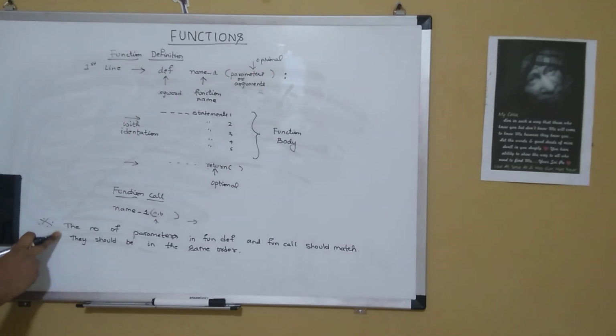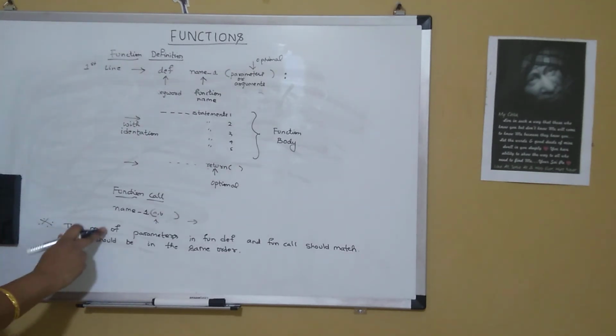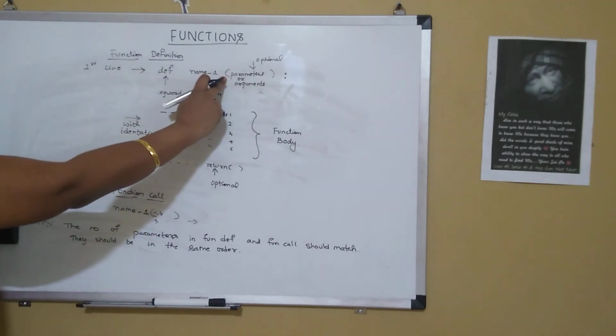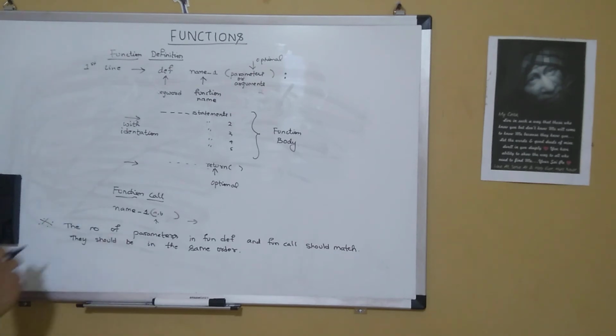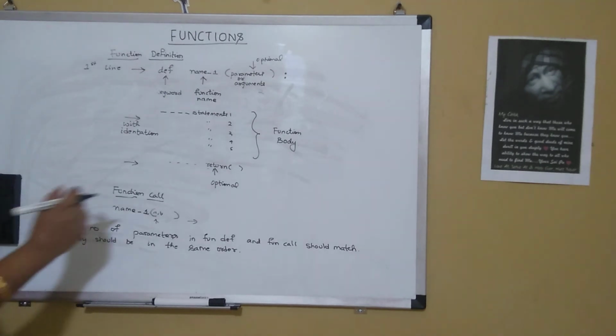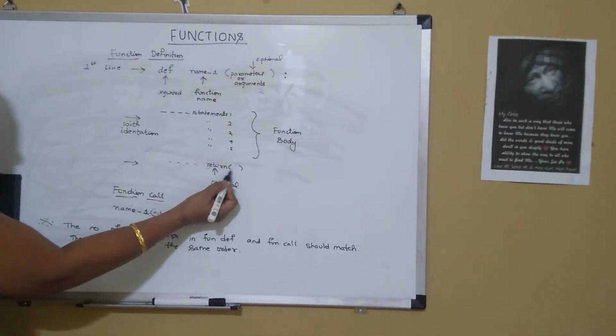So this is an important point which we should remember. The number of parameters in the function definition and the function call should match and they should be in the same order. And one more thing to remember here is that a function need not return an output.